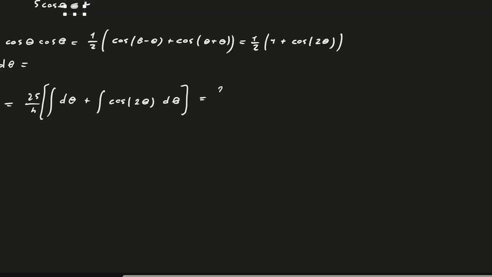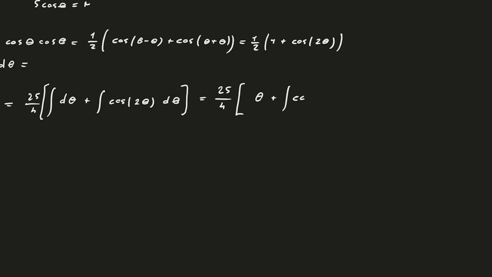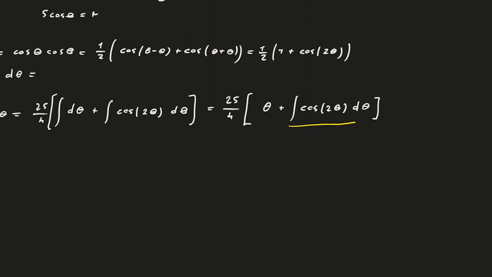So this equals 25 over 4 times the integral of 1 d theta, just theta, plus the integral of cosine of 2 theta d theta. Now to solve this integral, we can do a simple substitution. So let t be equal to 2 theta and differentiate both sides. So dt equals 2 times d theta, and d theta equals dt divided by 2. Let's make our substitution.